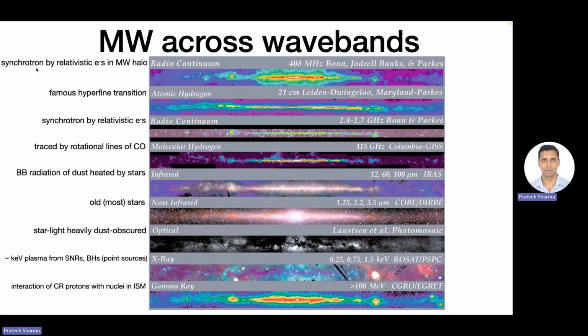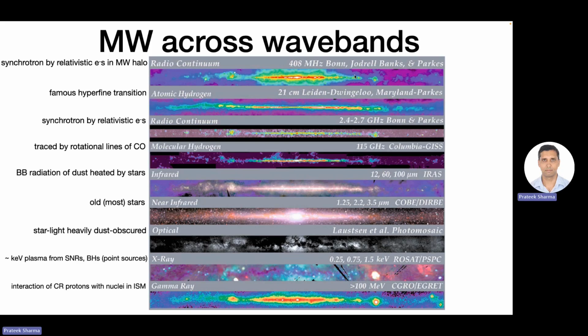It's the synchrotron emission by relativistic electrons in the halo of the Milky Way. You have learned about synchrotron radiation, right? Synchrotron radiation comes from relativistic electrons gyrating around magnetic fields, and they produce a continuum of radiation.